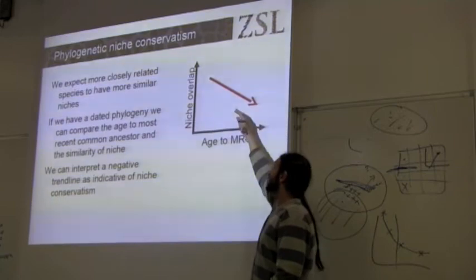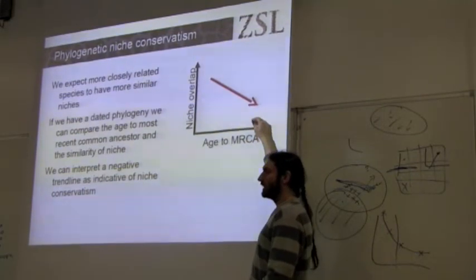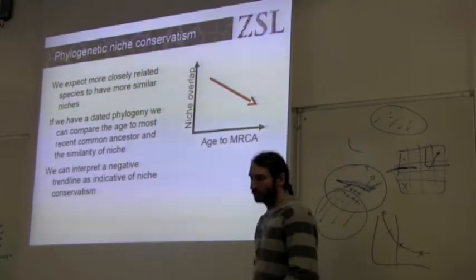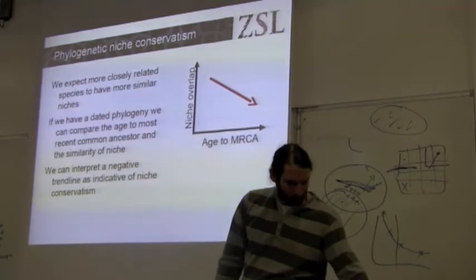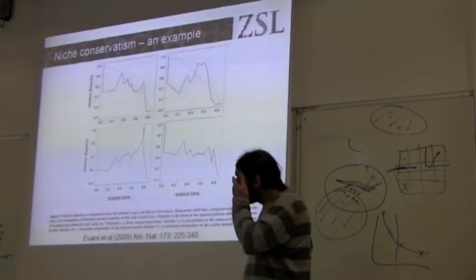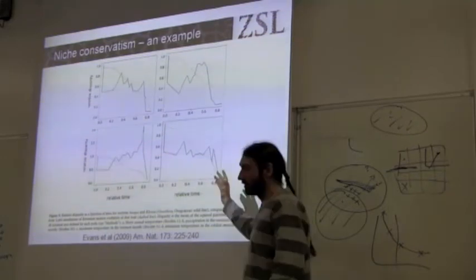Those more distantly related, we expect to have a less similar niche. And here's that example that we saw earlier, so I'm not going to dwell on it.